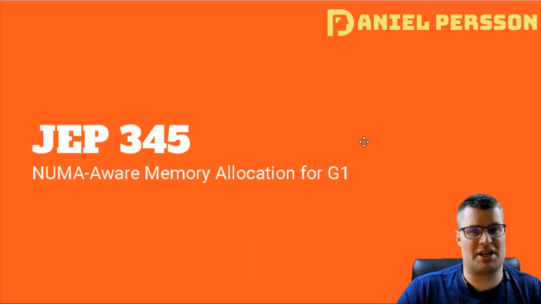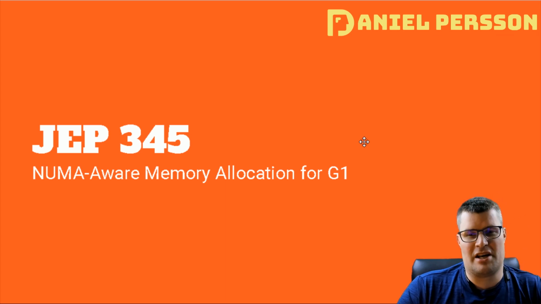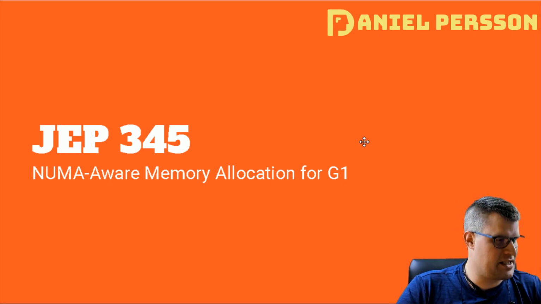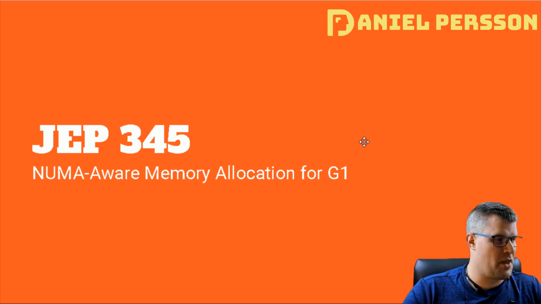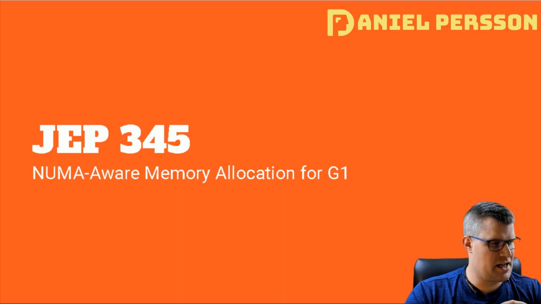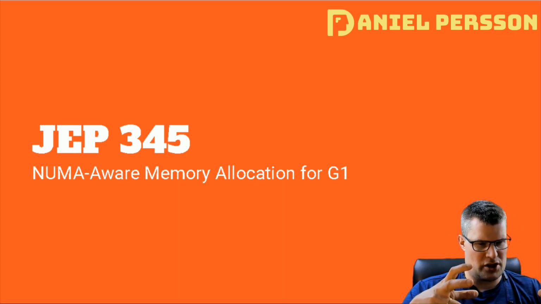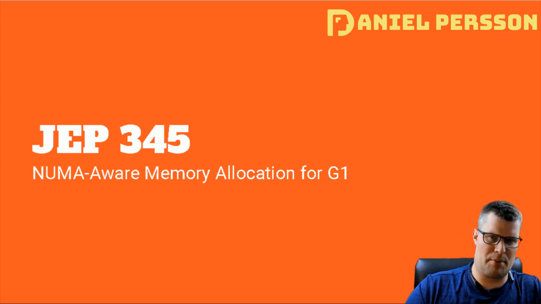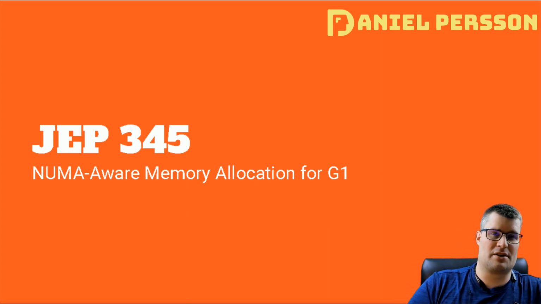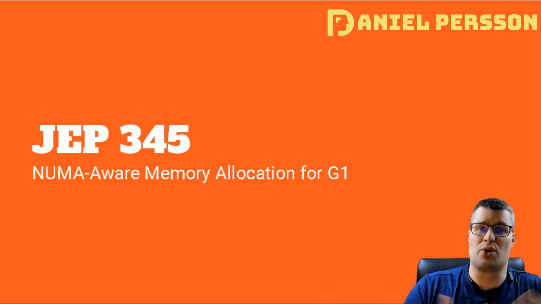Next up we have JEP 345. And this is NUMA-aware memory allocation, and NUMA stands for non-uniform memory access, and this is for large scale deployments, and when you have your memory situated on memory modules that are far apart, you can actually decide where to put your data on the different modules in order to improve performance.